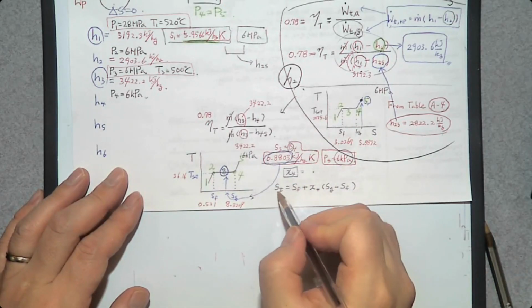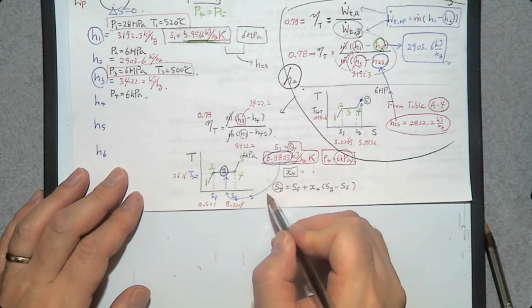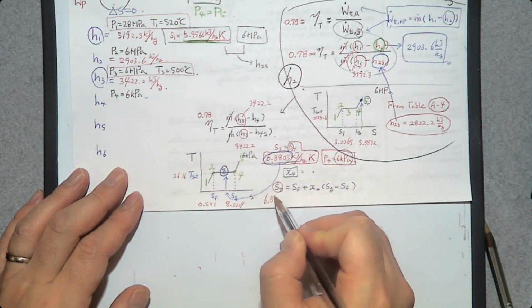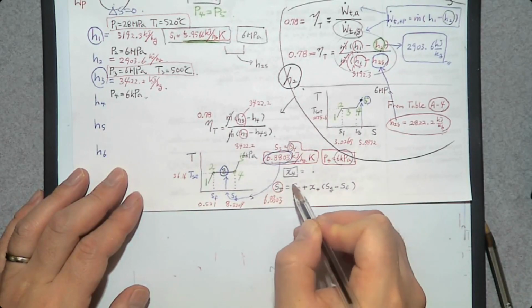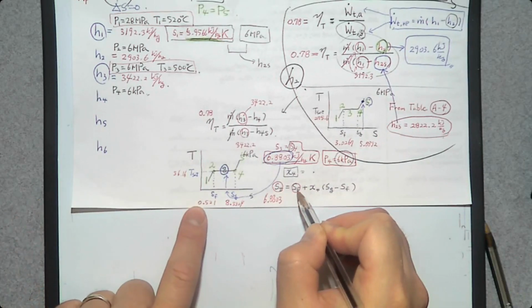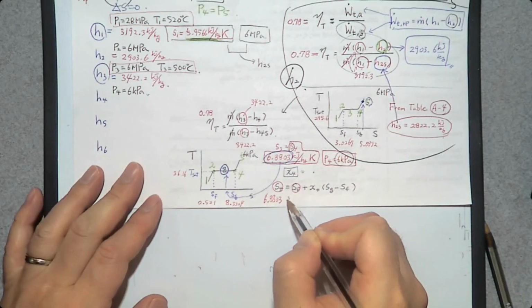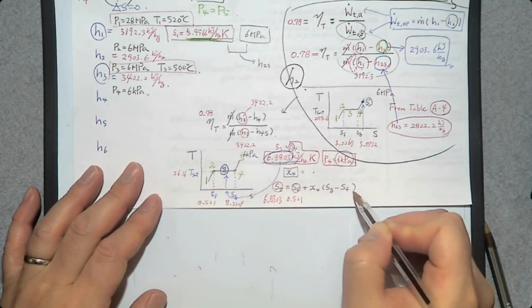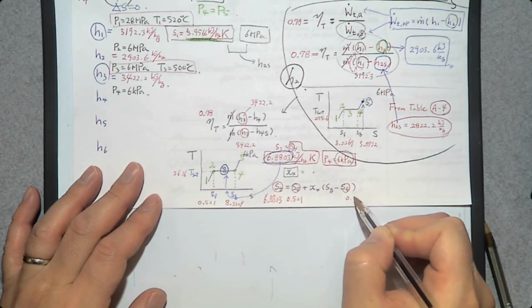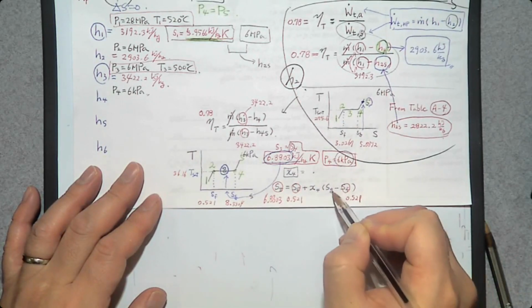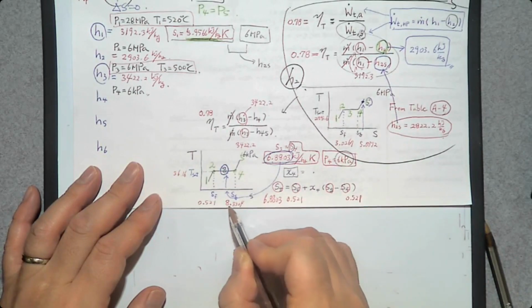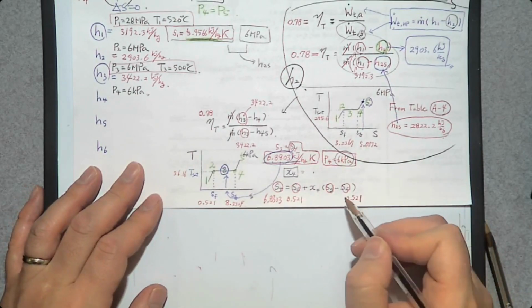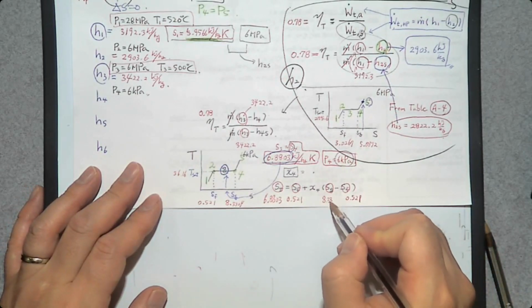So what is S4? 6.8803. What is SF? 0.521. What about SG? 8.3304.